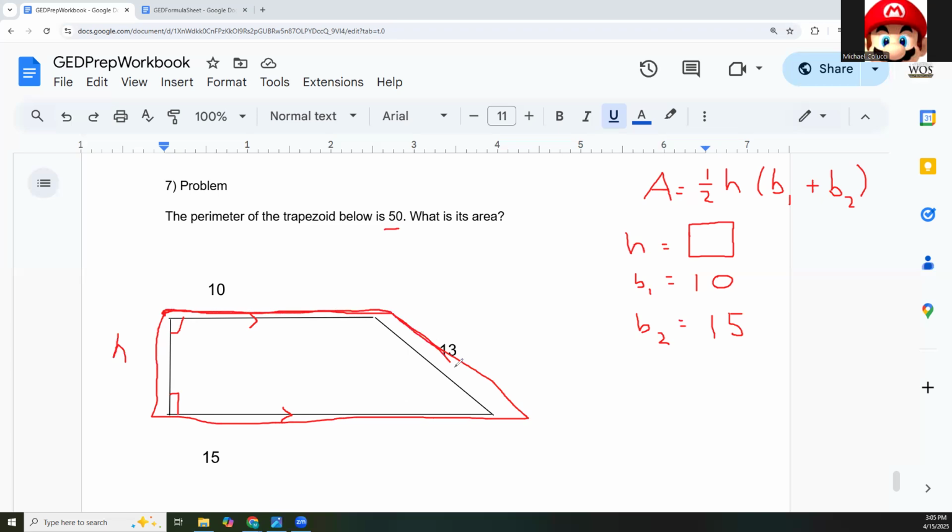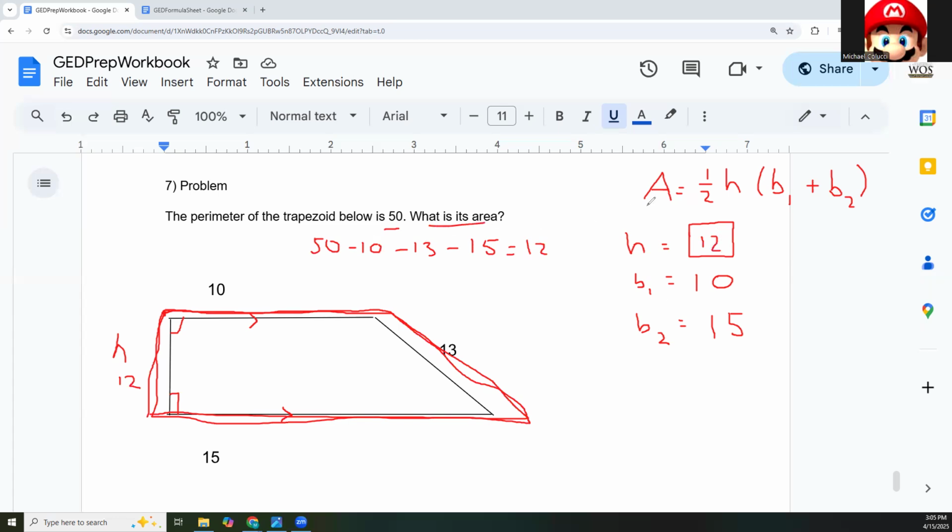I've already gone 23. I've already gone 38. How much more do I have to go to get to 50? 12. If you want to see the math on that, it's 50 minus the 10 minus the 13 minus the 15 will give us the missing piece, 12. So H is 12. That is not the answer to the problem, though.